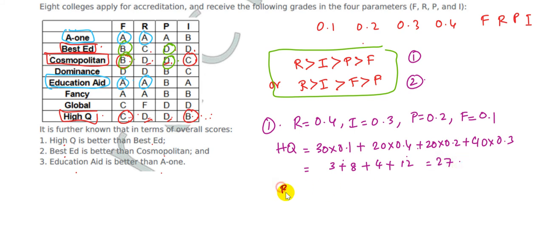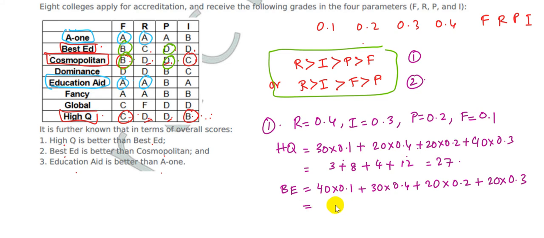And bested becomes B in F, that means 40 into 0.1, plus C in R, that means 30 into 0.4, plus D in P, 20 into 0.2, plus D in I, 20 into 0.3.